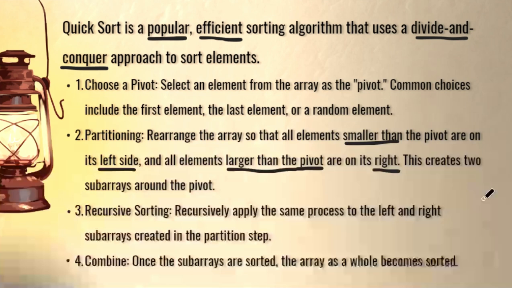Left nga subarray contains the elements nga mas gamay kaysa sa pivot, and the right subarray contains the elements nga mas dako ni pivot. Okay, so as you can see, yung mga subarrays, daghan pa man na sila, especially og daghan ka og elements sud sa mga arrays. Kanang mga subarrays, daghan pa ug sud, which means na kailangan pa na nato sila isort.